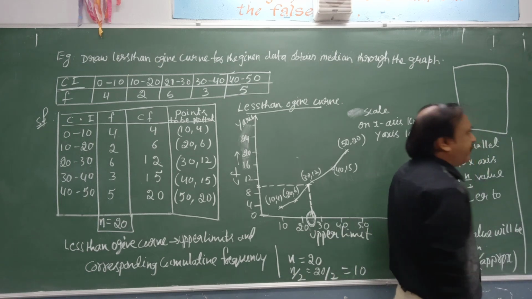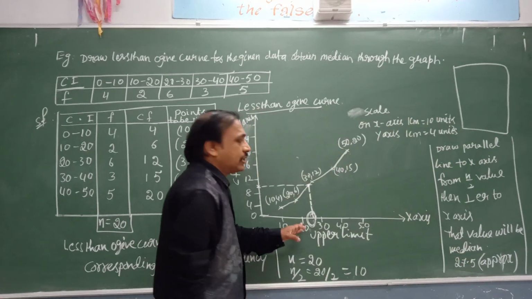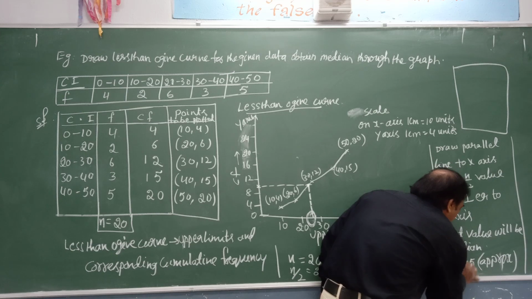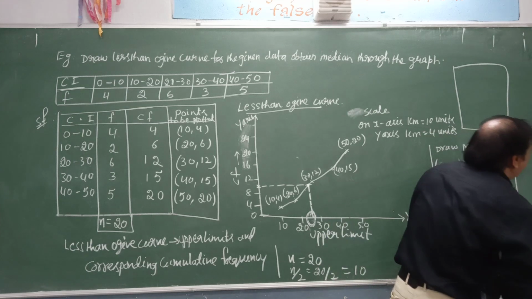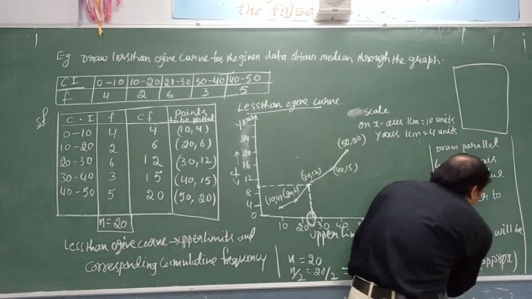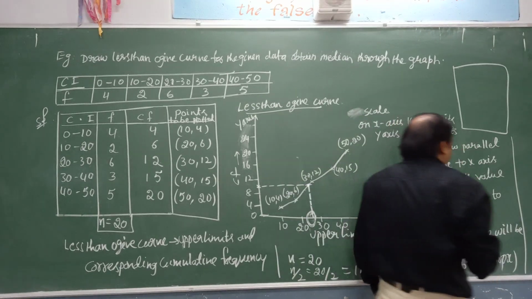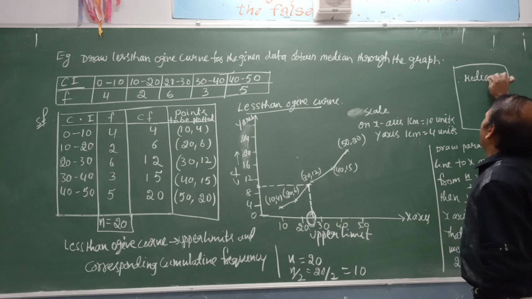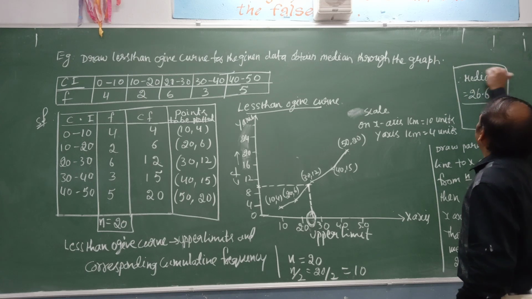If you check it, it is 26.5 approximately, that's why I said approximately. 26.5 or 26.6. So approximately 26.6. Therefore median is equal to 26.6. This is the median.